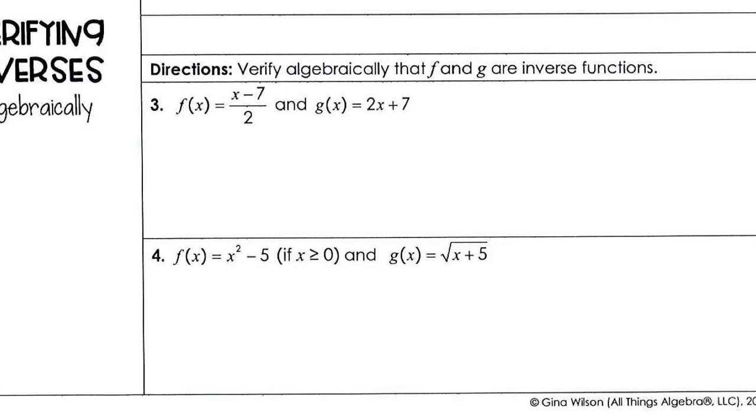Algebraically means that you're going to do a composition. So again, the $5 chicken. If I have $5, I can get a chicken. If I have a chicken, that means I had $5. Both of them have to be true in order for the inverse to be proven. So they have given two functions, and they said, can you please verify that these are inverses of one another?